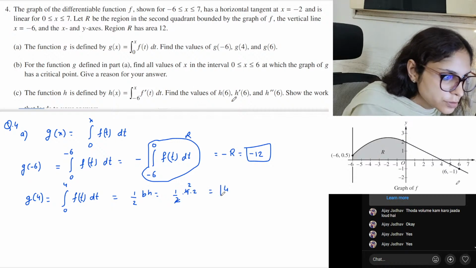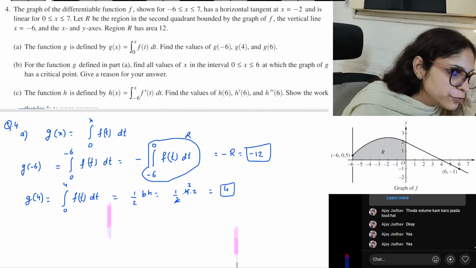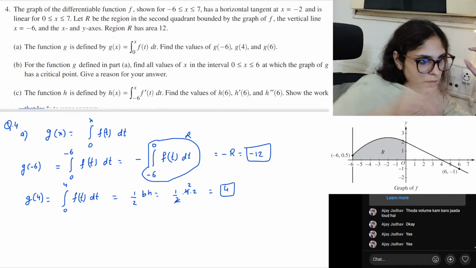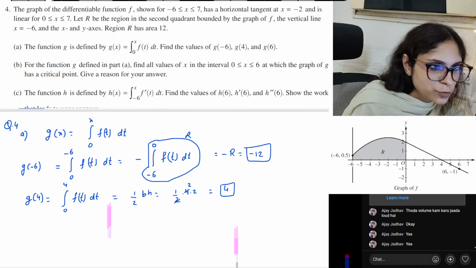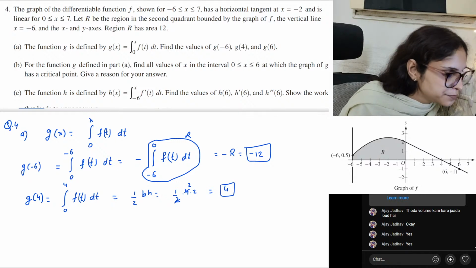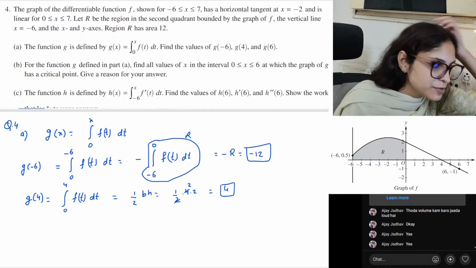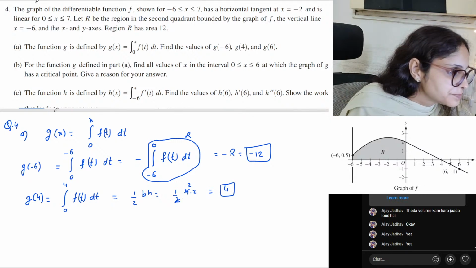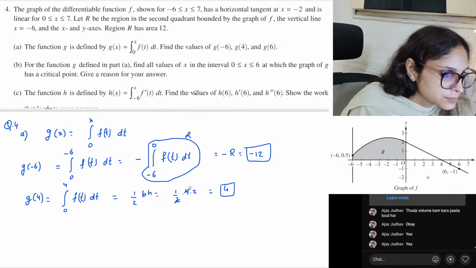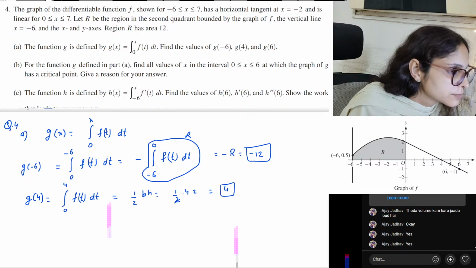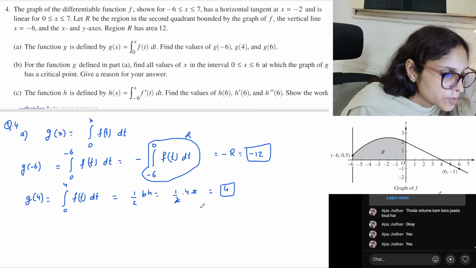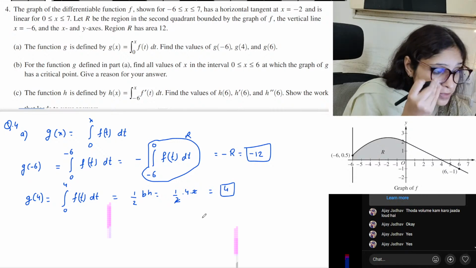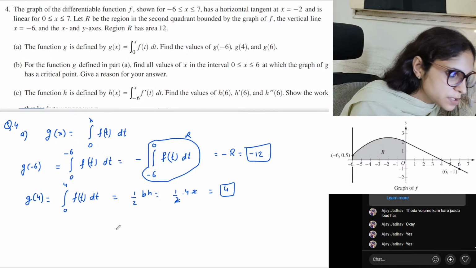The answer is 4. So g of 4 is 4. You could have directly cancelled 2 and 2 and the answer would have been 4. Because definite integrals are just the area, if we can find the area, good enough.